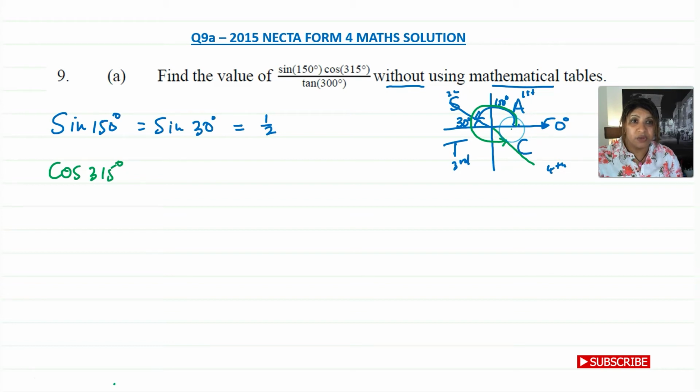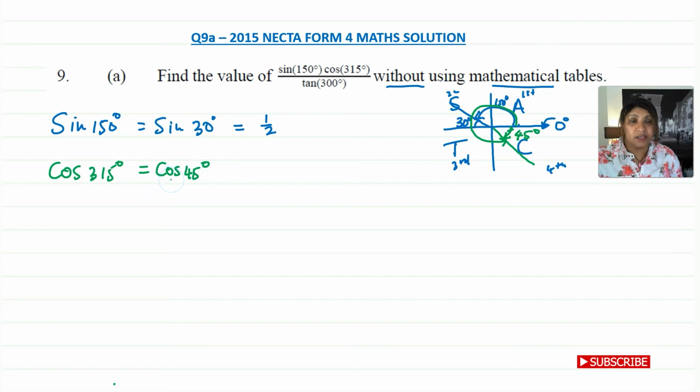The acute angle is always read from this horizontal line. So this angle here is 45 degrees. This principal angle is 315, so we're in this quadrant, which means it's going to be a positive value. So cos 315 is the same as cos 45 degrees.